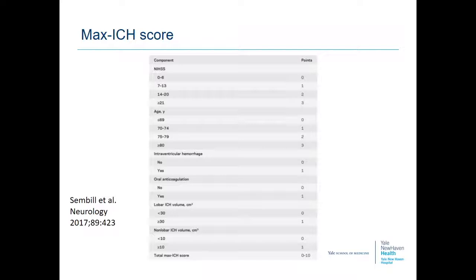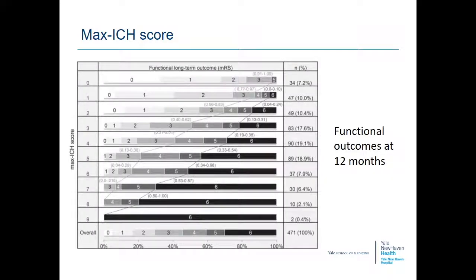With regards to ICH clinical grading scales, I'll take the time just to highlight one of the newest scales that has been published. This was published last year, the max ICH score, which grades patients on a scale from 0 to 10 based on the components that you see on this particular slide. The reason why this particular scale is called the max ICH score is that it was developed in a cohort of patients who were treated maximally without any limitations of care.